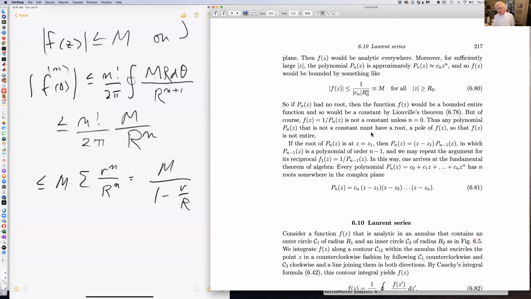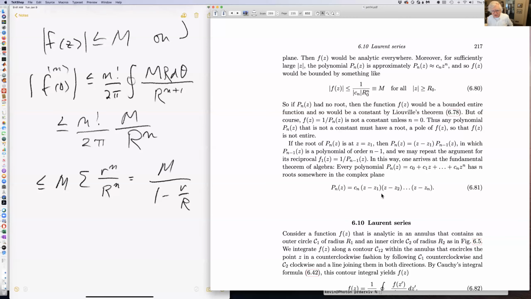Once again, you have a contradiction because the polynomial would have to be a constant. So this goes down until you finally get the case where you've factored out all the roots and there's nothing left but a constant.